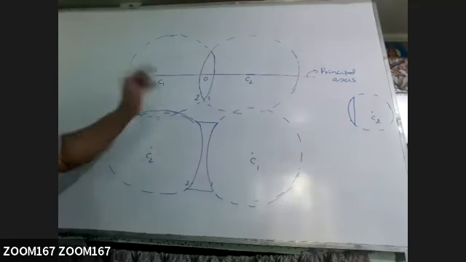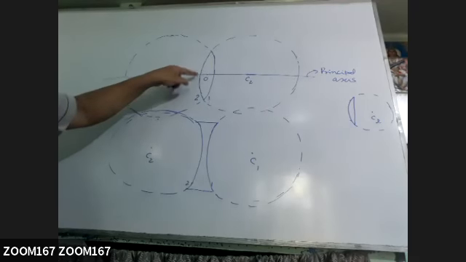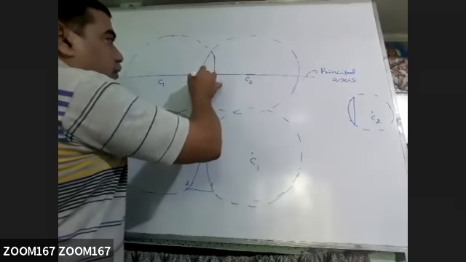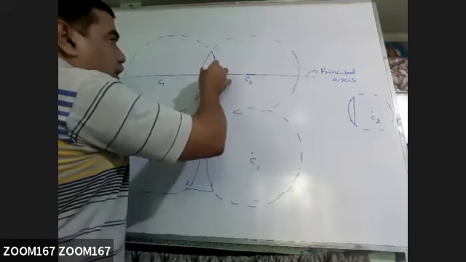So what will happen if a ray is incident in this region, as this central region is considered as a glass slab?